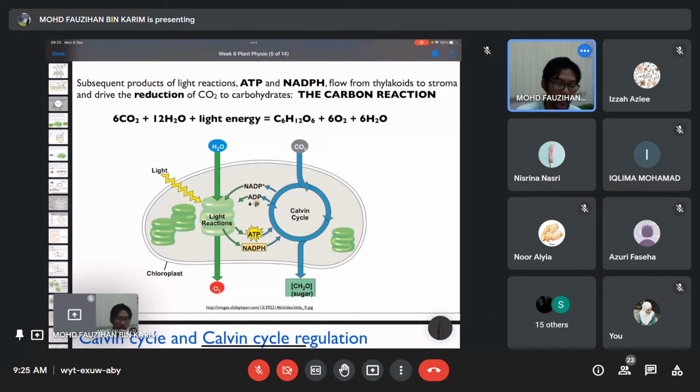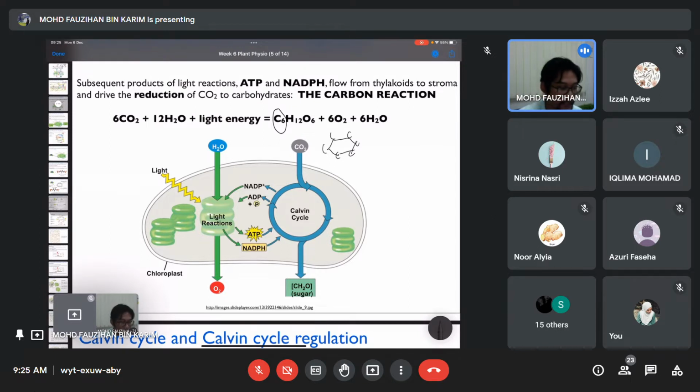To produce 1 molecule of glucose, it needs 6 carbon dioxide, because the structure of glucose has 6 carbons. That's why it needs 6 carbon dioxide to form a molecule of glucose. The rest of the equation is just to balance.